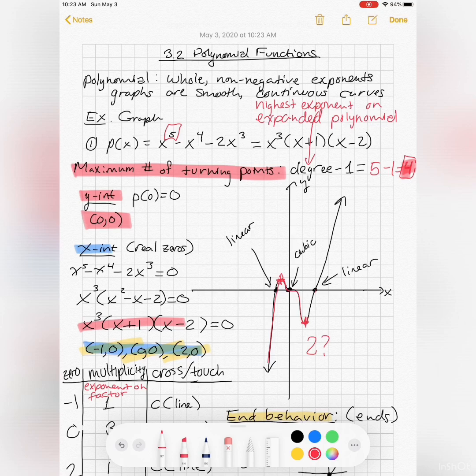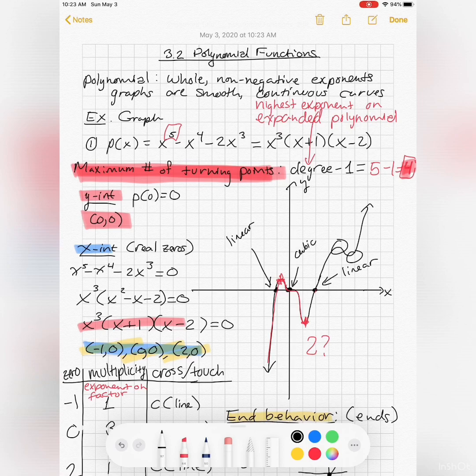Well, that doesn't violate this rule, because remember this rule tells me the maximum number of turns could be 4. So I could have less, but not more. So it would be possible then that this graph has another turn up here. Let's see, then it would have 3, 4 turning points. Yes, but not another one.